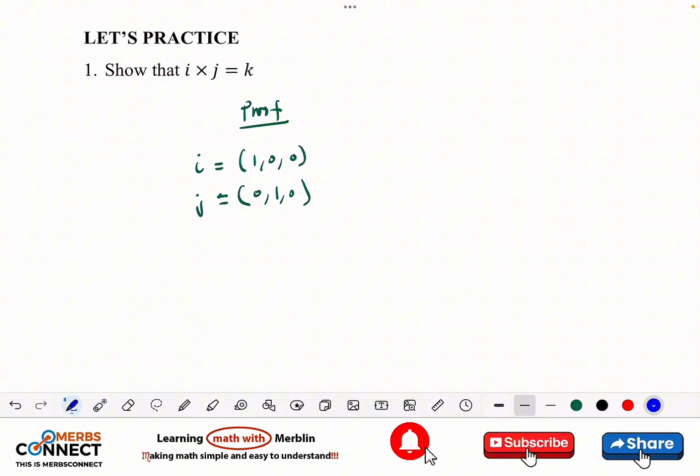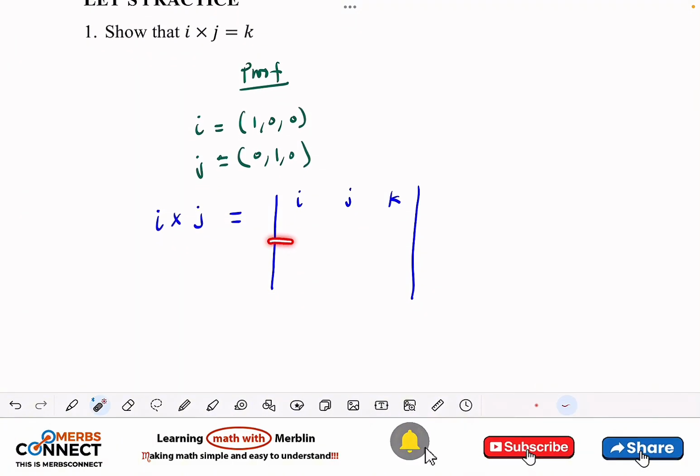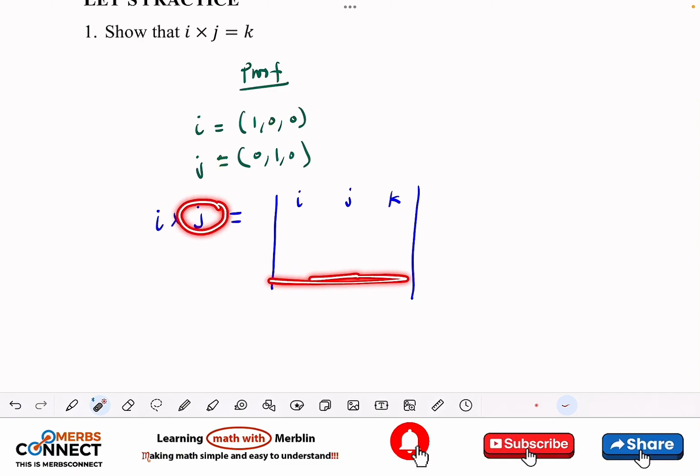So if I want to cross i and j, i cross j should be equal to, first I need to have i, j, k on the top, because I need to have a 3 by 3 matrix. This is the first vector here, and this is the last vector here.